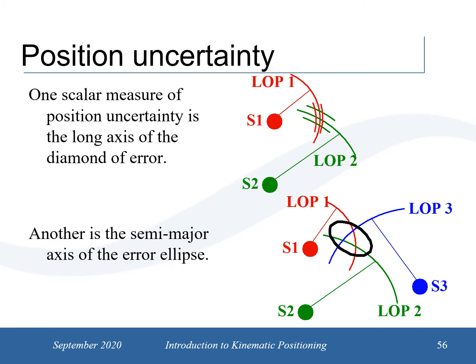So we have the crossing of the lines of position, and then these 2 lines that are around the line of position in red and in green represent the uncertainty, the variation, the standard deviation of the measure, the distance. So the geometric shape that we have is a diamond. We call that a diamond of error.